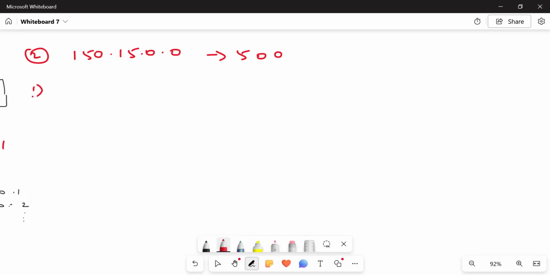First step, we need to find which class the given IP address belongs to. So 150 means it belongs to class B. What is the default subnet mask for class B?